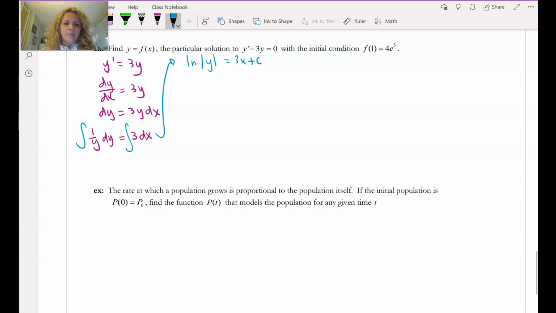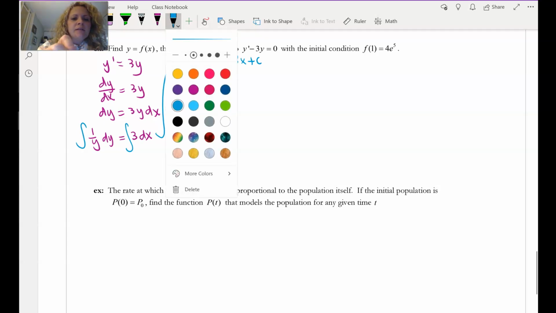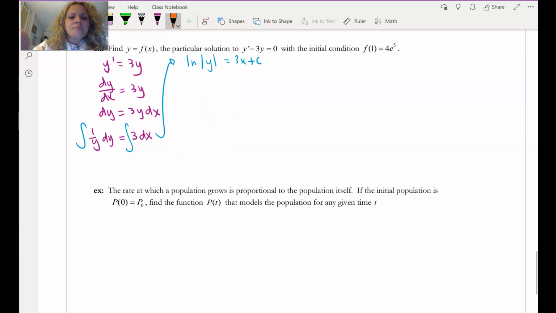All right, so far we have separated and we have integrated. We could now try to find c. I'm just going to go out here to the side real fast and try to find c. If we try to find c, we're plugging in 1 for x and 4 times e to the 5th for y.